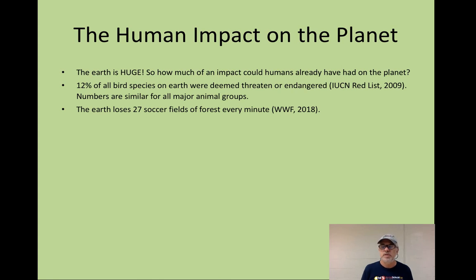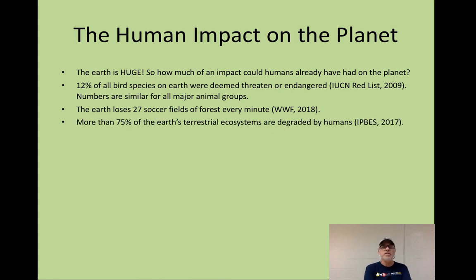More than 75% of the Earth's terrestrial ecosystems are degraded by humans. This is an international panel that has looked at it. More than 75% of the Earth's land-based ecosystems are already degraded by humans. In other words, only 25% aren't degraded.